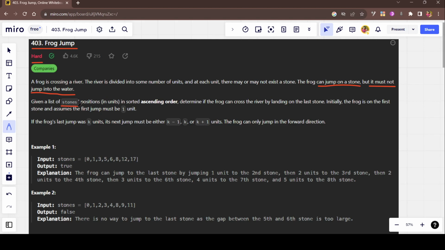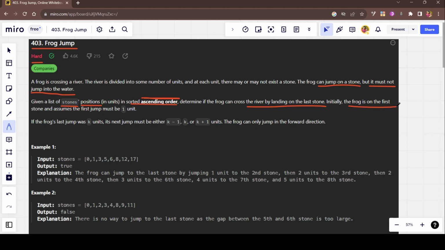So we are given a vector stones with positions where stones are placed in sorted ascending order. I will tell about why sorted ascending order. Okay. Determine if the frog can cross the river by landing on the last stone. So we have to determine whether the frog can land on the last stone or not.